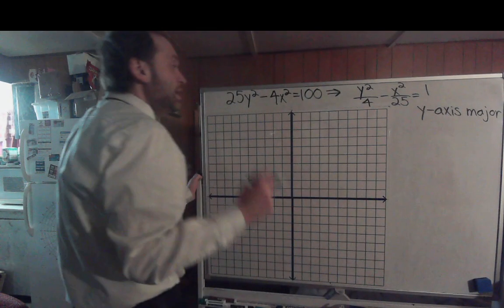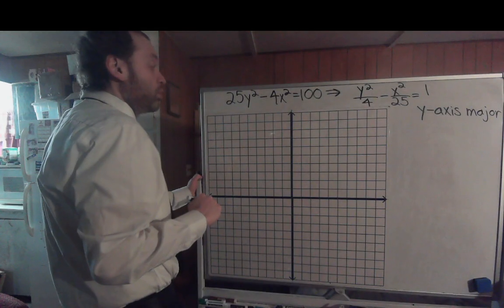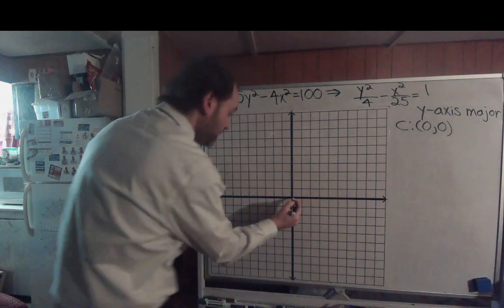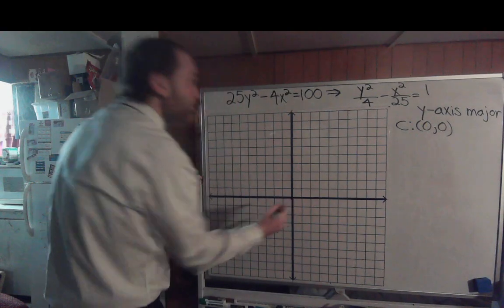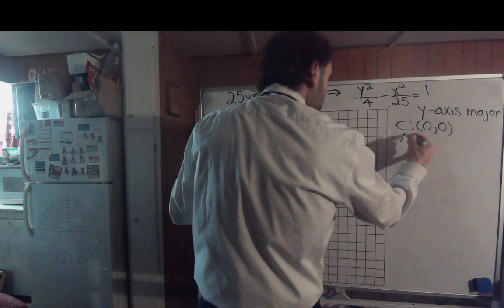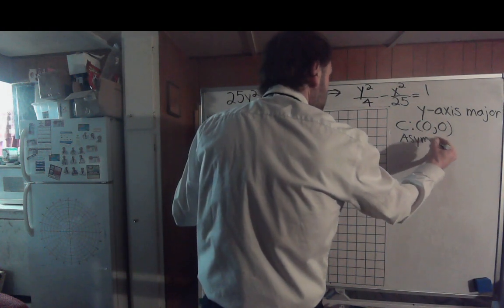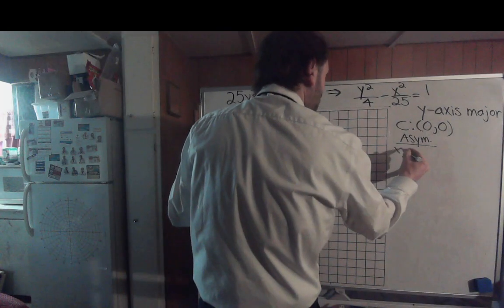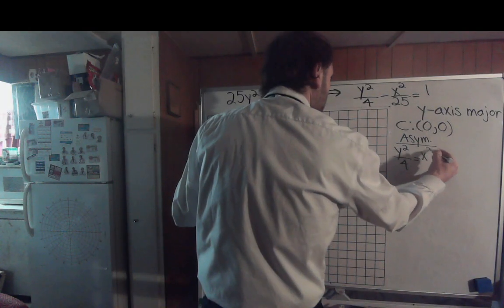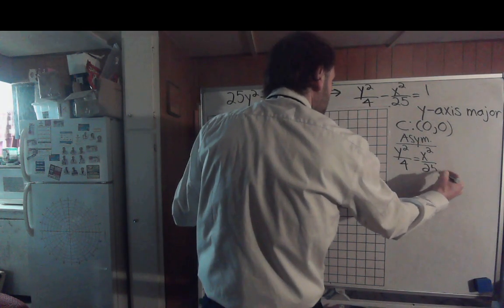Okay. Now, what's the center? 0, 0, as it will be for today's lesson. So let's go ahead and plot the center at 0, 0. Let's find the slant asymptotes. To find your asymptotes, you would take y squared over 4 equals x squared over 25.